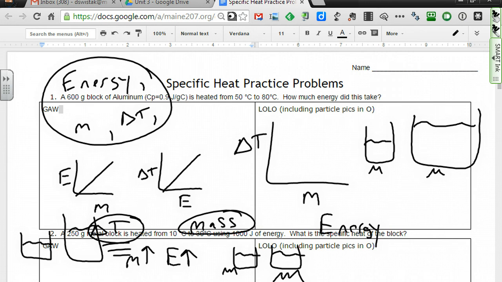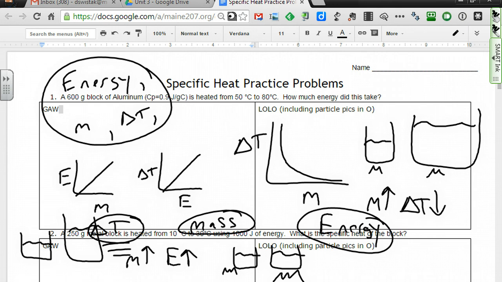It takes longer for this one. So by increasing the mass, I have made the change in temperature go down. This is going to approach zero but not reach zero, and thus the nonlinear trend, because if I add energy to anything, no matter how big, its temperature is going to change. Some of the particles will speed up, and that's an important distinction you need to be aware of.